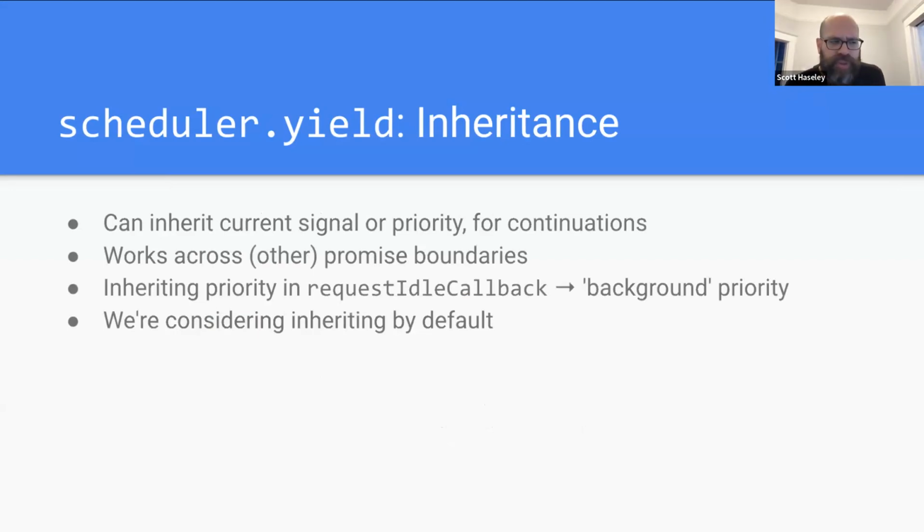Because of how much sense it makes conceptually, and we think generally this is the right thing to do, we're considering making this the default for the API, which will only come into play if you're using it in conjunction with postTask or requestIdleCallback, which are the APIs in which you can express priority.